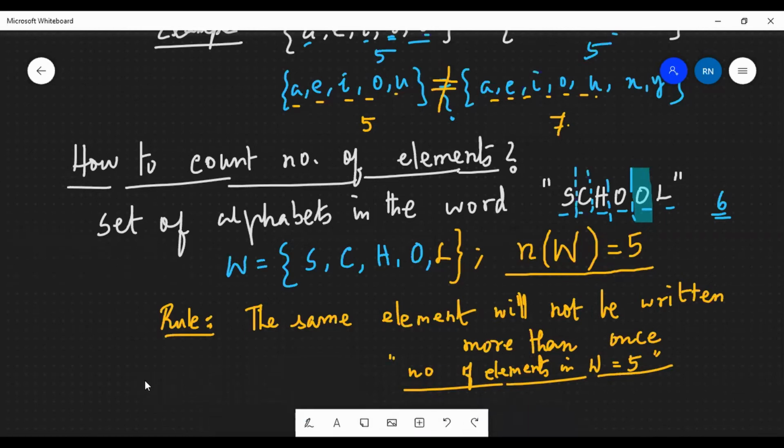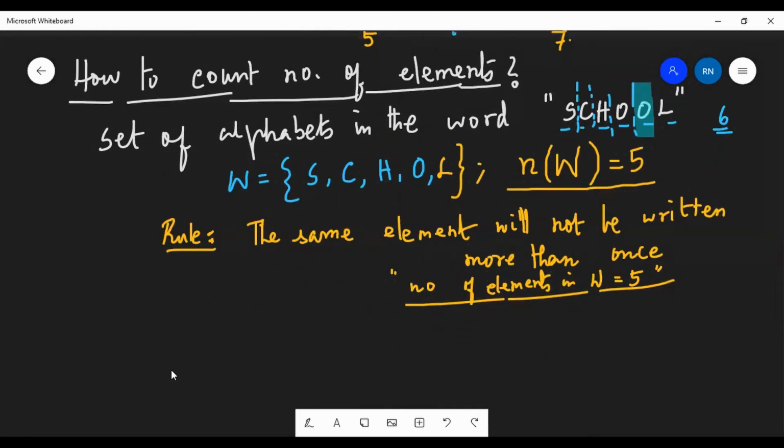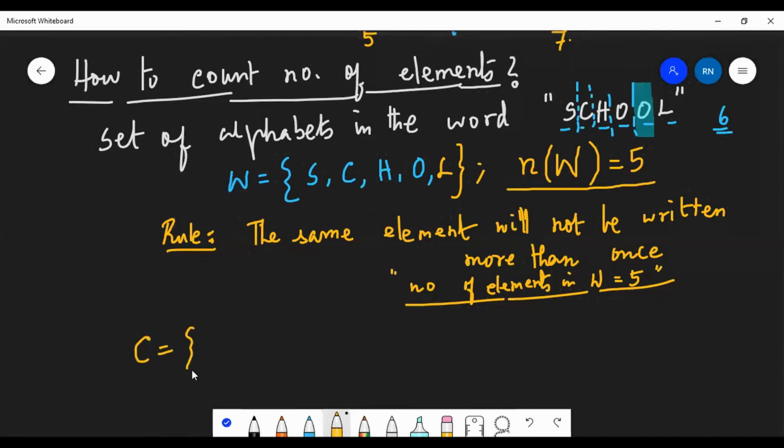So how to count? Yes, it is definitely an important rule. For example, I want to give the set of letters in the word Chennai. How will you write the elements? How will you list it? It is C, that's okay.